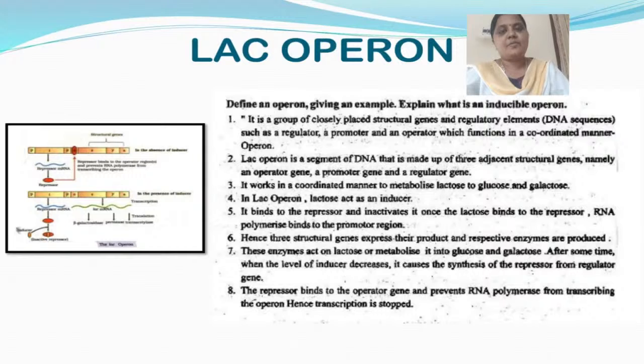In this lac operon, lactose acts as an inducer. If you see in the diagram, the inducer is present at the bottom. It binds to the repressor and inactivates it. Once lactose binds to the repressor, RNA polymerase binds to the promoter region.